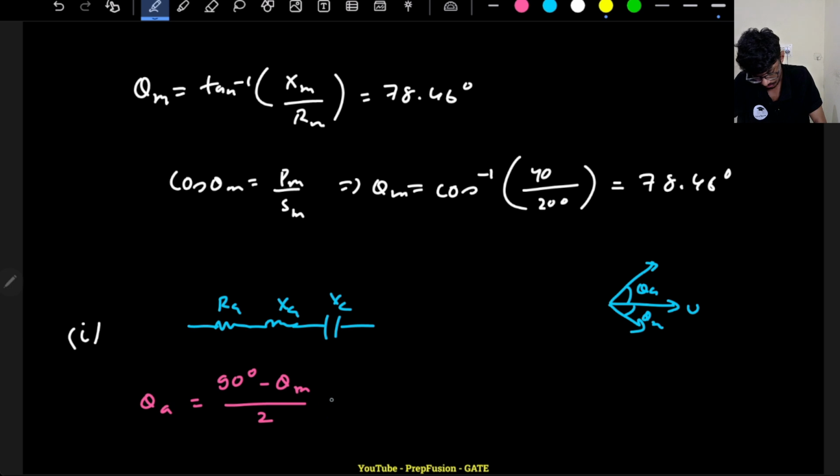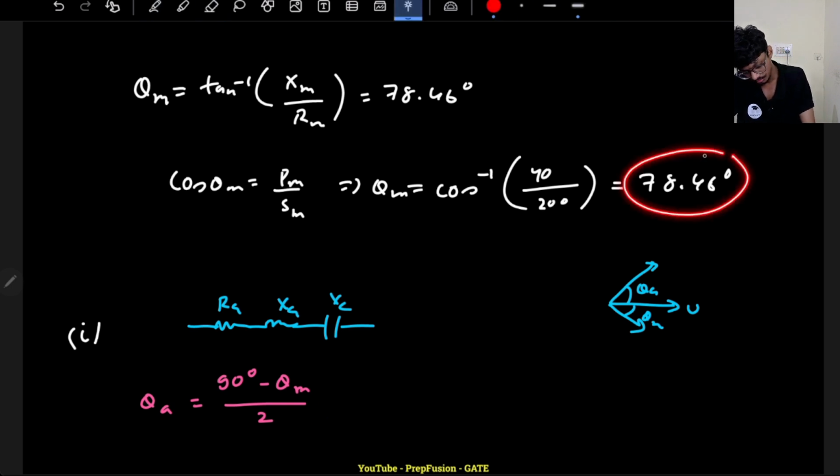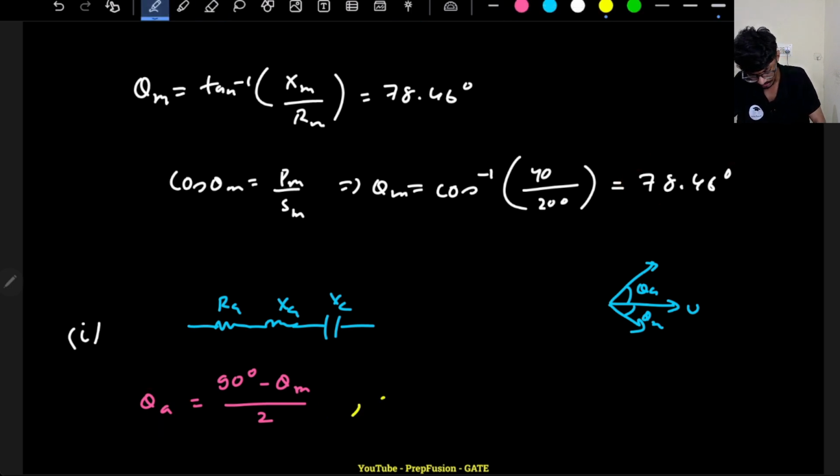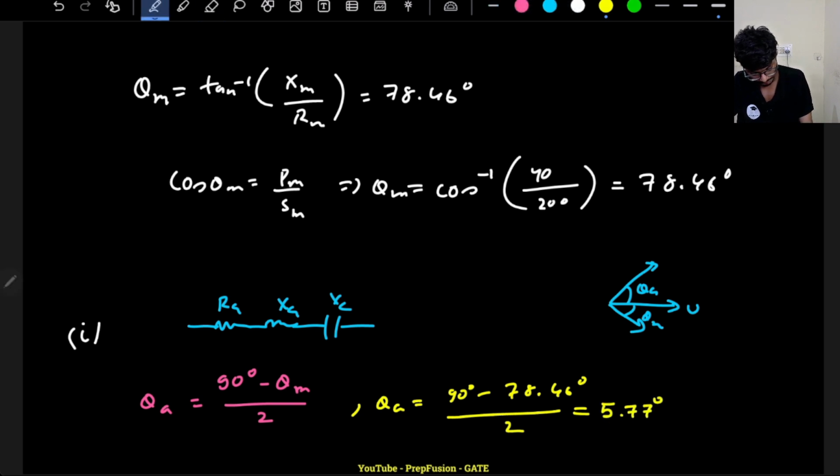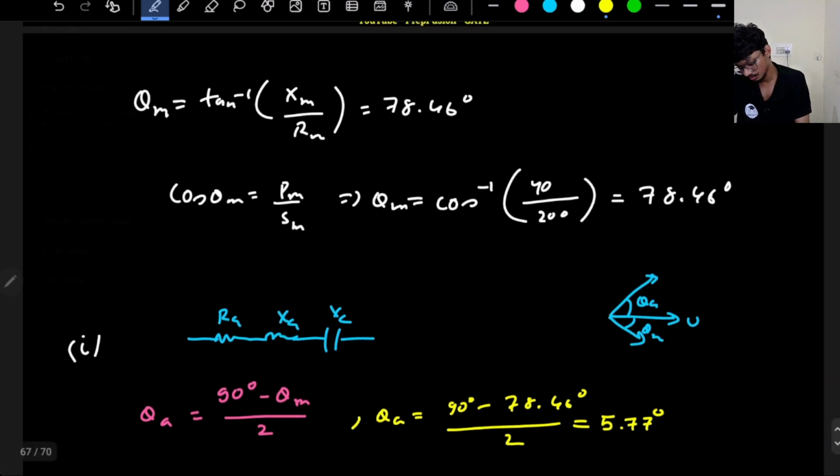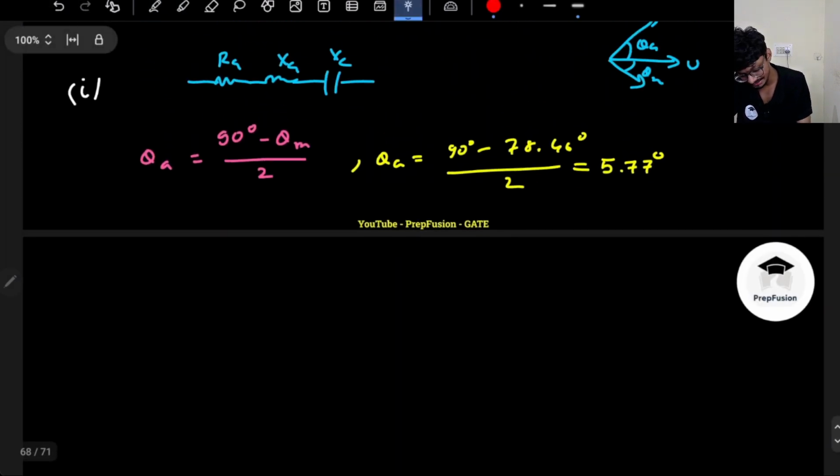Okay, so theta m I already know, so I will be able to find my theta a. So what will be theta a? Theta a will be 90 minus 78.46 divided by 2. So this value is equal to 5.77 degrees.